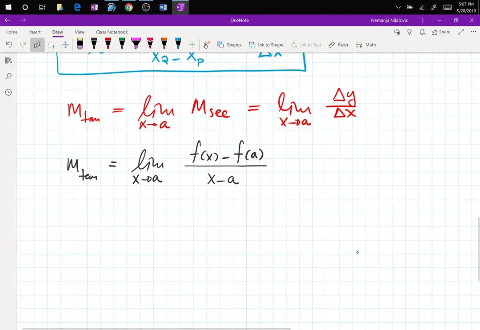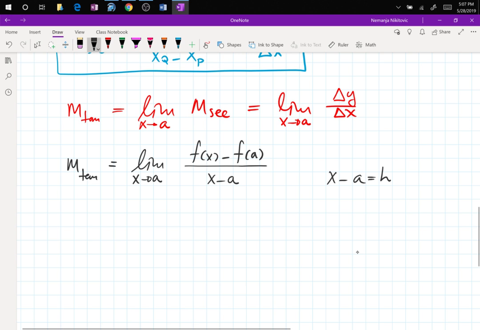Now this is not a particularly nice calculation, so we can do a little bit better if we define this x minus a as h.